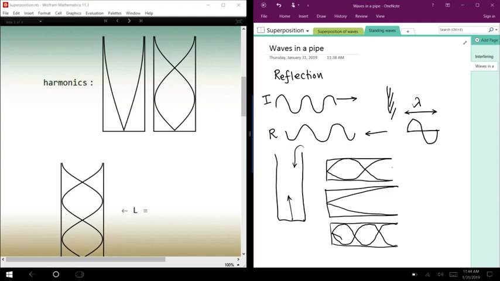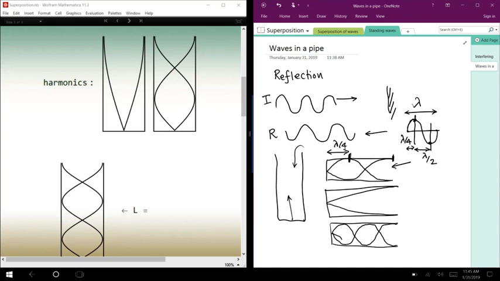Now if I look at this particular situation, from the point over here at the end of the pipe to the point over here, that's half the wavelength. Okay, that's lambda over 2. And the rest of it looks like another quarter of the wavelength. So this part is lambda over 4, a quarter of the wavelength.